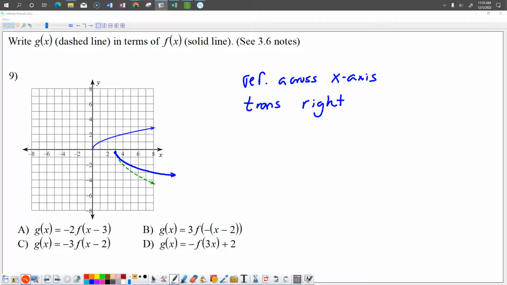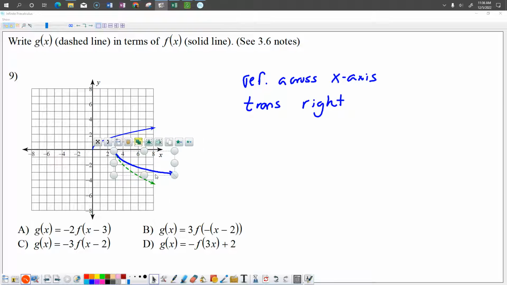Okay. Now the last thing I need to do is make that graph look the same. What would that be? I would need to stretch that graph vertically. Or we could try squishing it this way. That would also make them look the same.